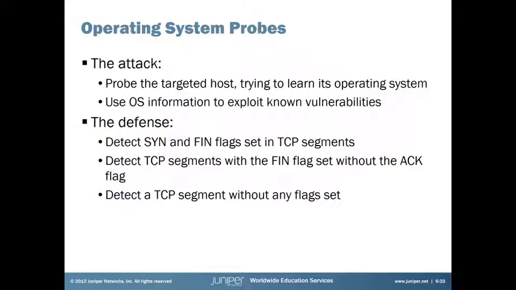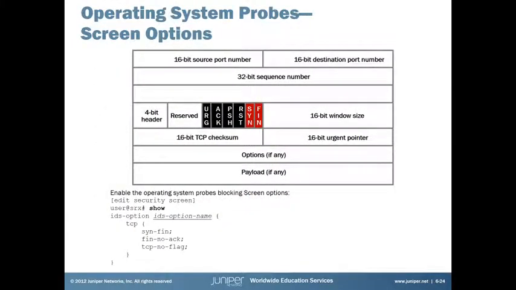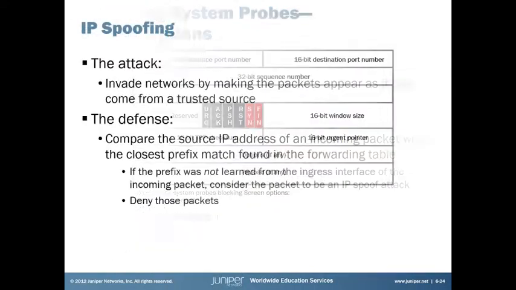For example, you've got both the SYN and FIN flags set at the same time, or the FIN flag set without the ACK being set, or no flags at all. So these are really malformed TCP segments. What we're doing with that, the option is to go in and set these various screen options under the TCP section there. That will detect if any of these events occur, and we can drop those packets.